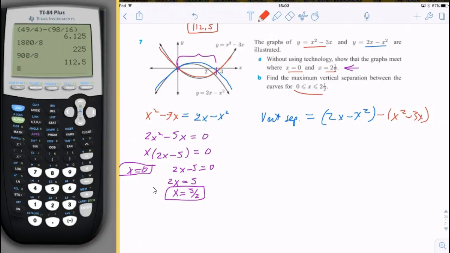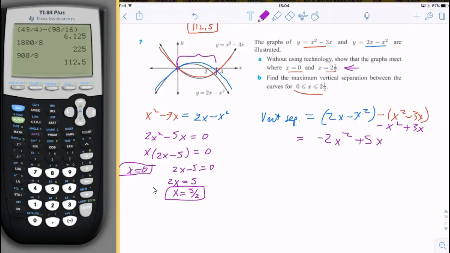And then to combine these in one, we would have negative 2x squared plus 5x. So that's the vertical separation.